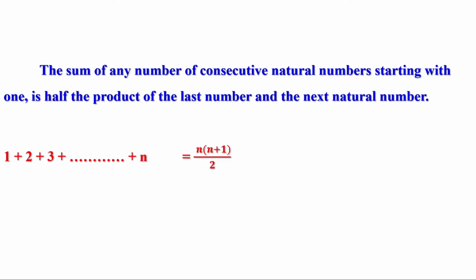Or 1 plus 2 plus 3 plus up to n is equal to n into n plus 1 by 2. When we take first n natural numbers, n is the last number and the number of numbers is also n.